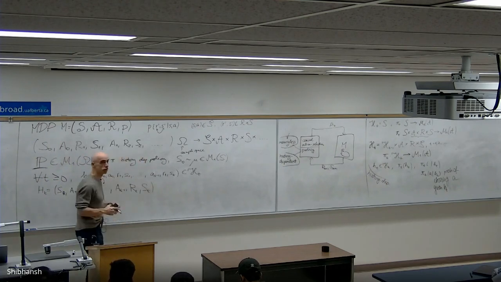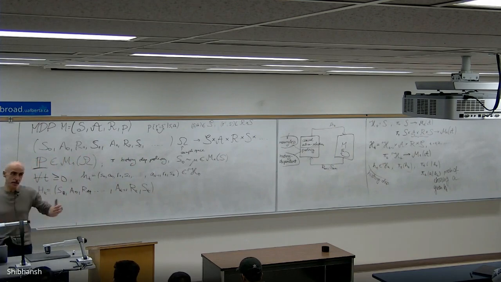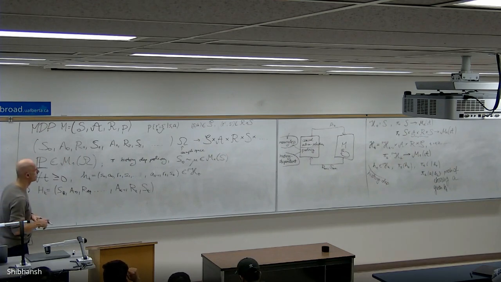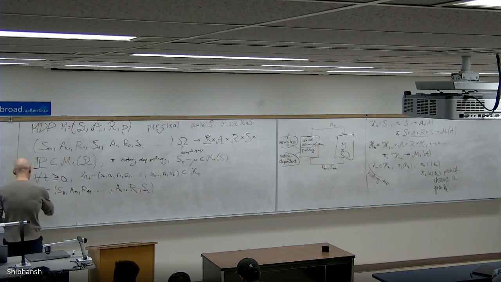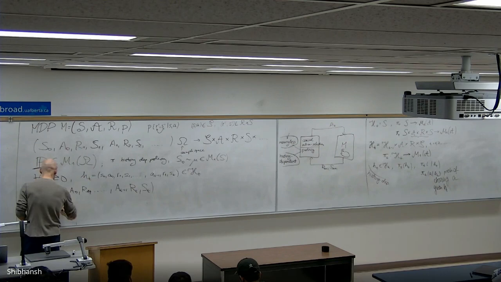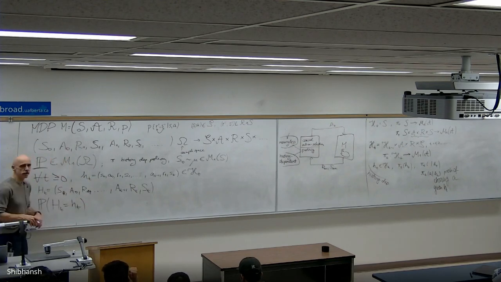I collected all these random variables into one random variable, which I call H_t. It will hopefully allow me to save some space. And then we want to write the probability that H_t equals h_t.